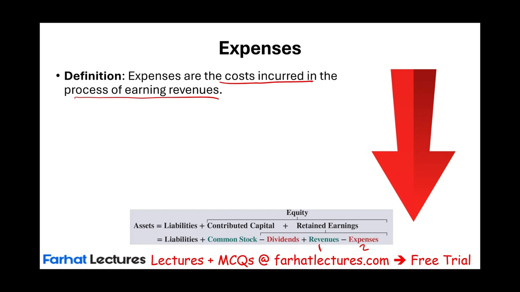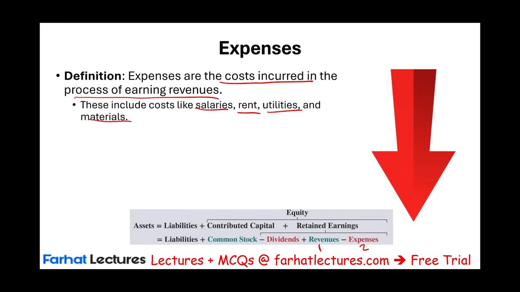To generate your revenues, you have to pay for supplies, you have to pay for employees, you have to pay taxes, you have to pay your utilities. You have a cost, and as you incur that cost, it's going to reduce your assets, because when you pay your salaries, when you pay rent, when you pay utilities, when you pay material. For example, I have many subscriptions that I have to pay for to make sure my website is running properly. Well, those are expenses, cost.